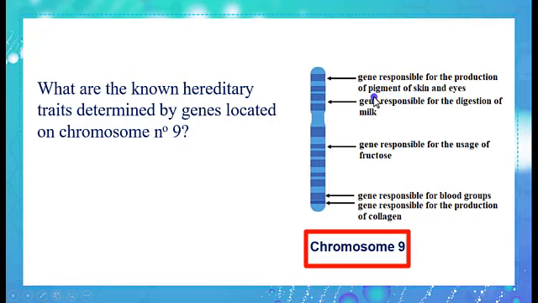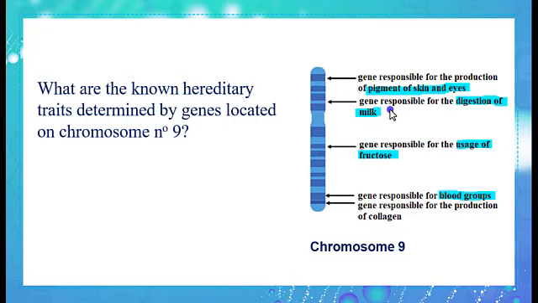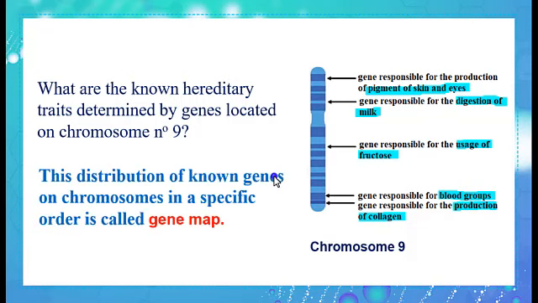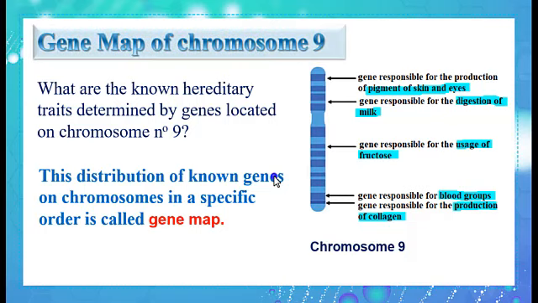We have a gene responsible for the production of pigmentation of skin and eyes, a gene responsible for the digestion of milk, a gene responsible for the usage of fructose, a gene responsible for blood groups, and a gene responsible for production of collagen. Of course, we have a lot of other genes on chromosome number 9. This distribution of known genes on chromosomes in a specific order is called a gene map. And this is the gene map of chromosome number 9.